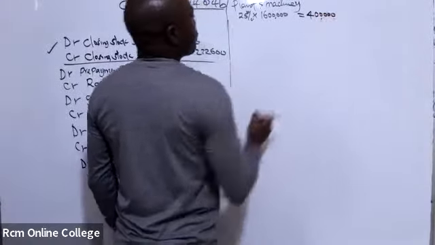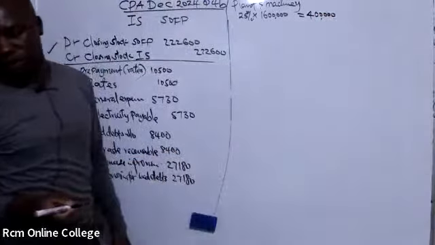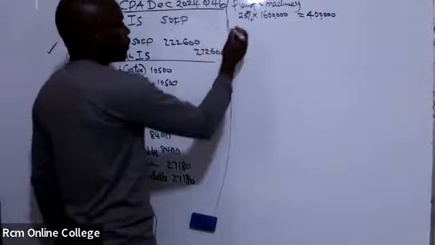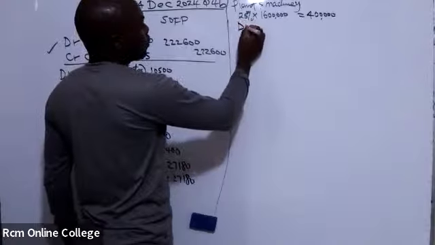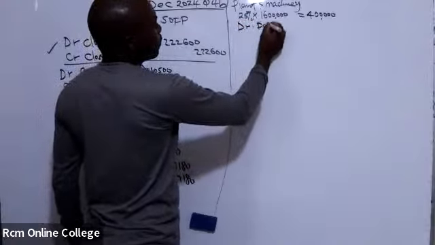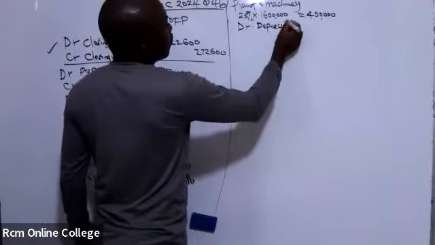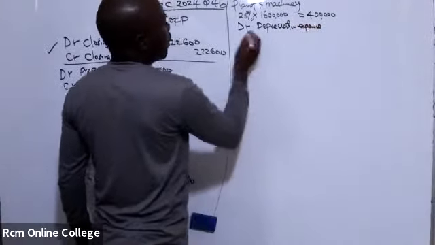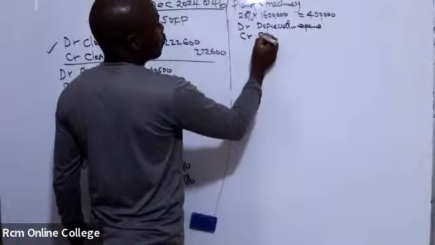Good. Now, once we have the depreciation, how do we journalize it? This is the secret. We debit depreciation expense account, then we credit provision or accumulated depreciation.